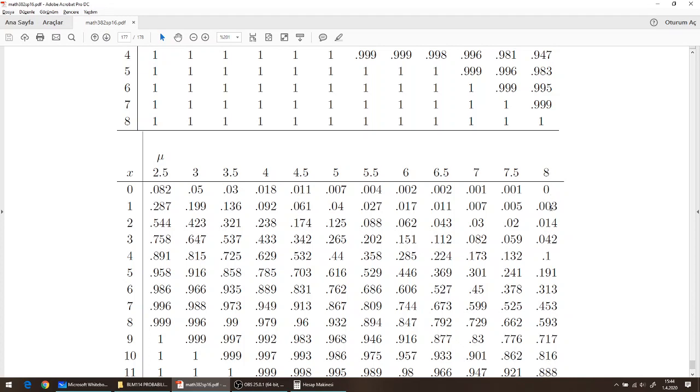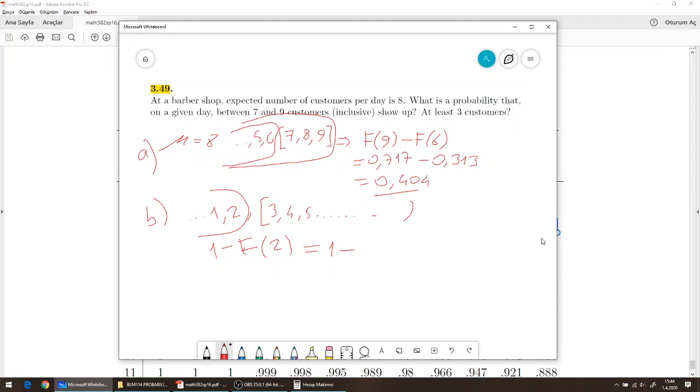We will find uppercase F2. That's it. Yes, this is the result for this question.